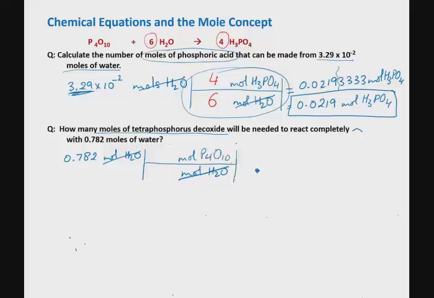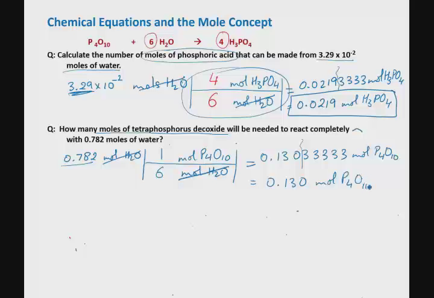This ratio, according to the balanced equation, is 6 moles of H2O to 1 mole of P4O10, which upon calculation gives us 0.1303333 moles of P4O10. It needs to be rounded to 3 significant figures, so that gives us 0.130 moles of P4O10.